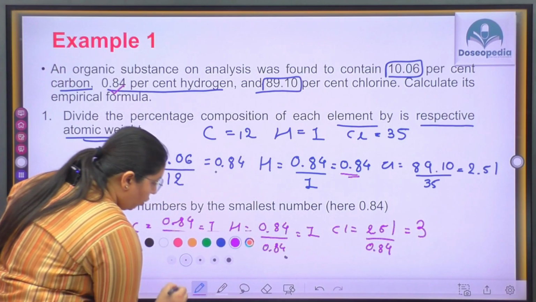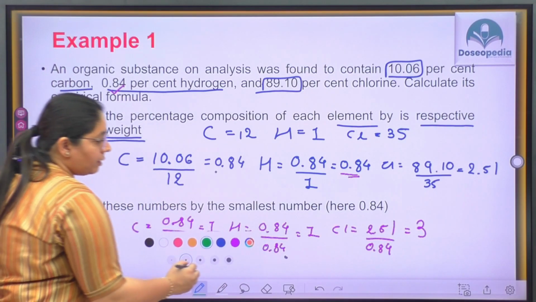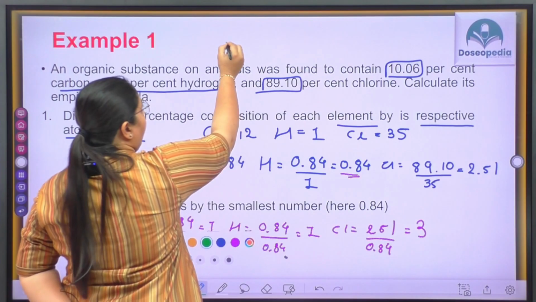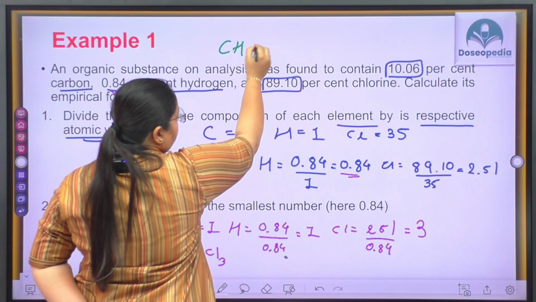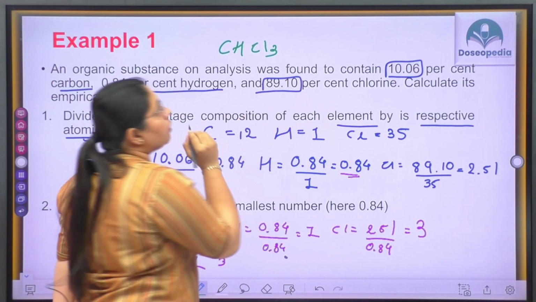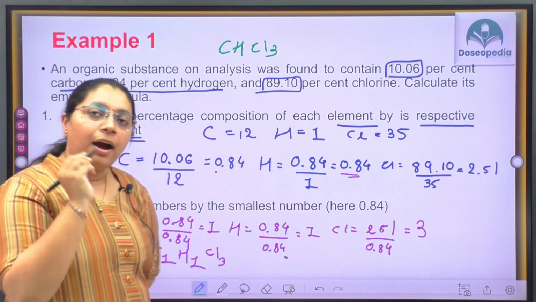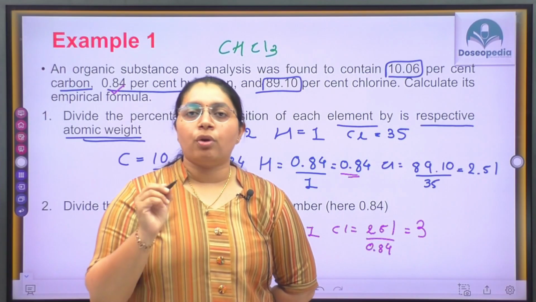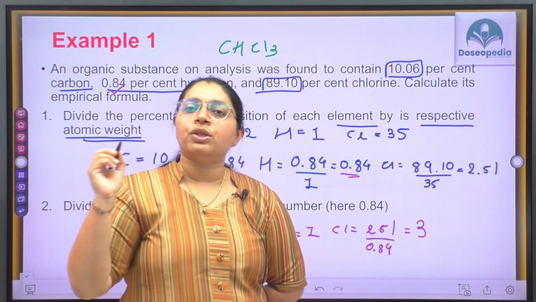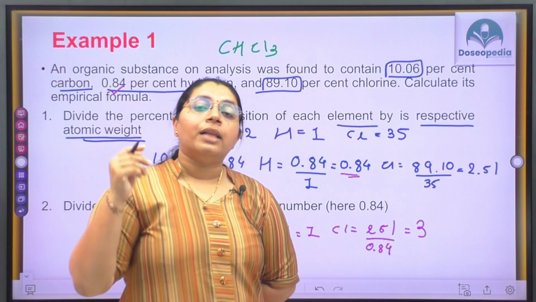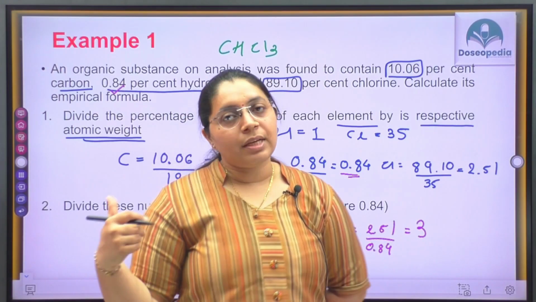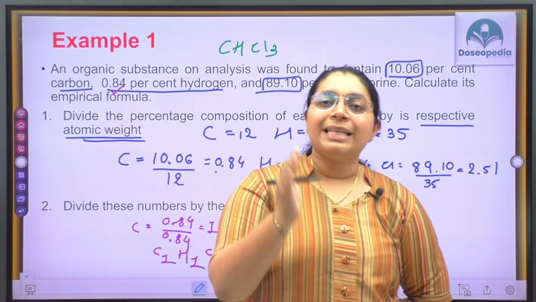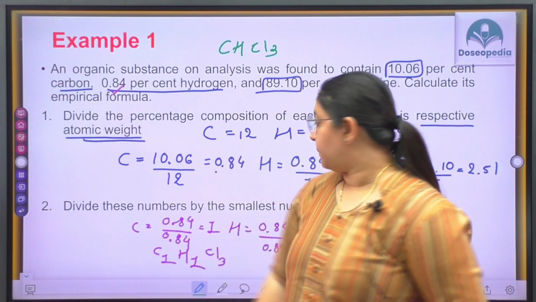So the empirical formula is CHCl3, because carbon and hydrogen are in the ratio of 1:1 and chlorine is 3. So 1:1:3. We can write the empirical formula for this organic substance as CHCl3.